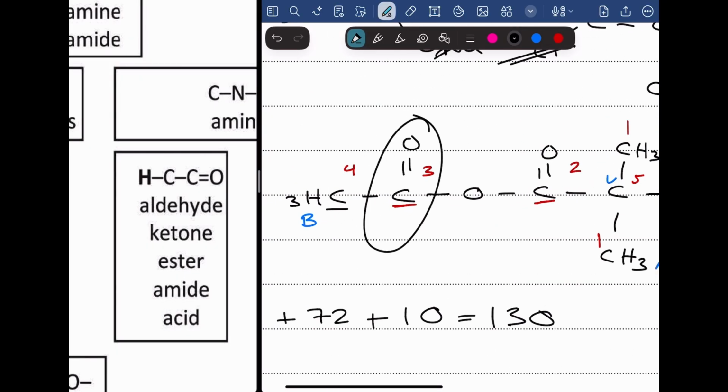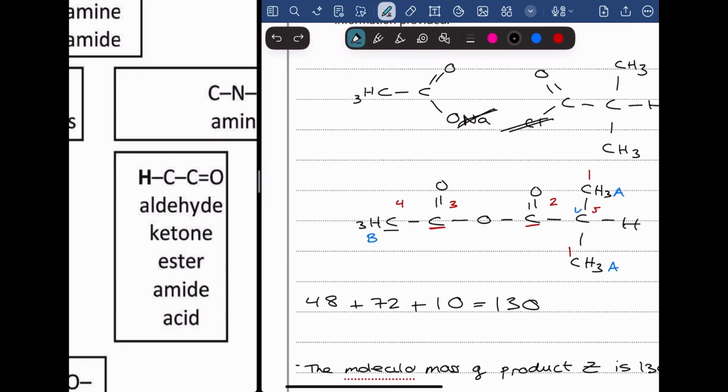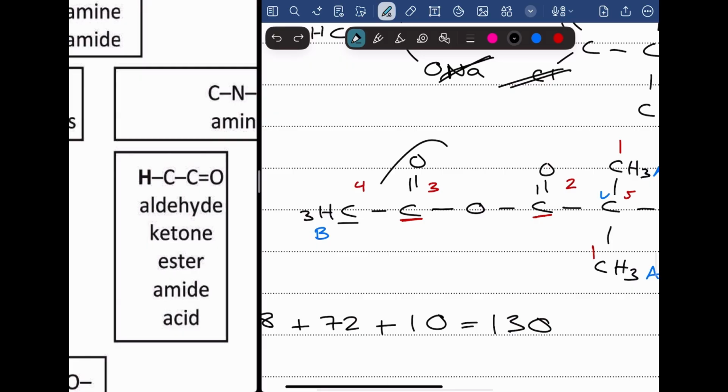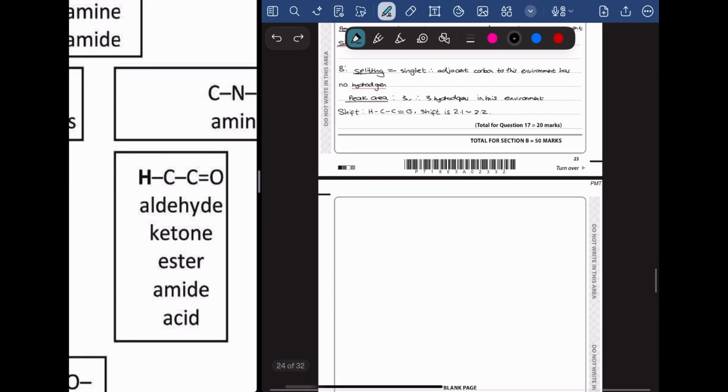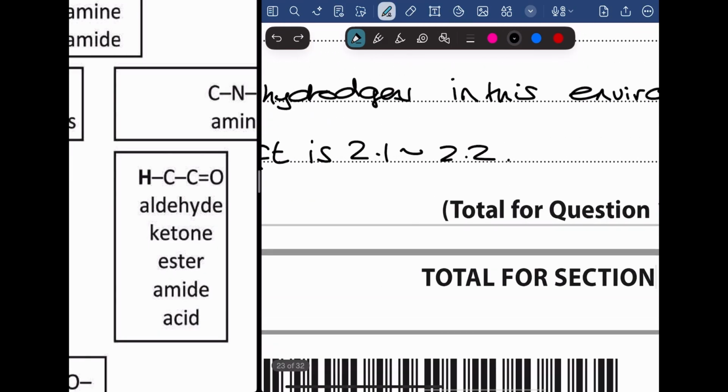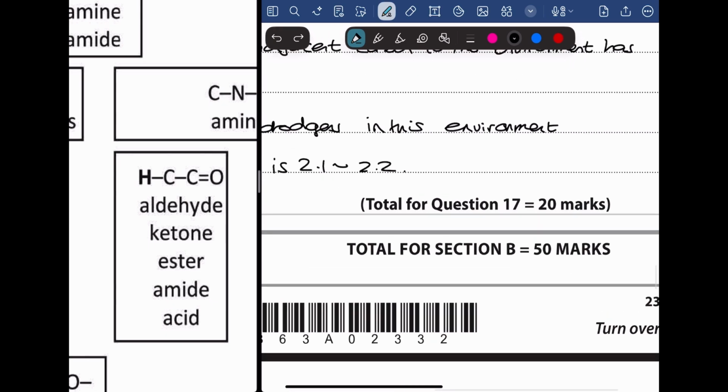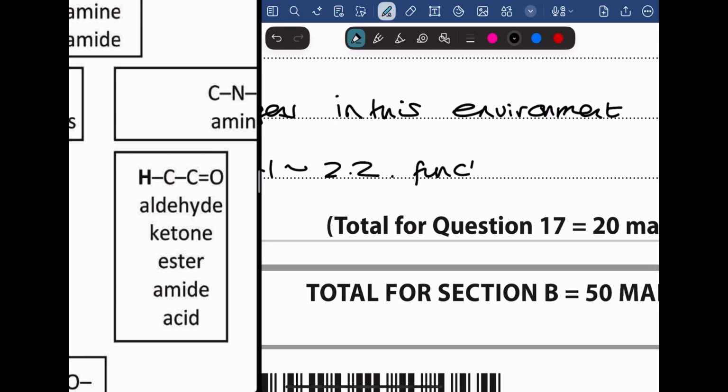So this is a C double bond O. So this would be an ester, right? Because this group here is an ester. Obviously, the whole thing is an anhydride, but it's like two ester groups just joined together. So we're going to say it's an ester. So we can write functional group is an ester.